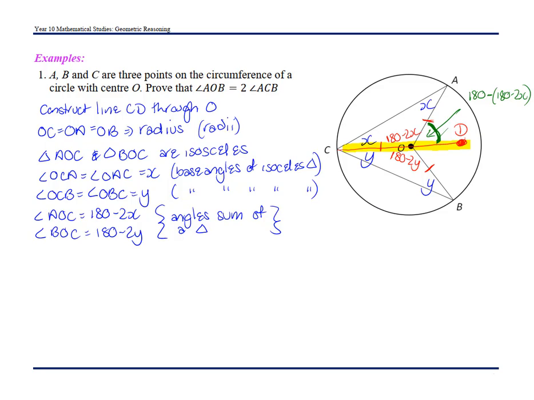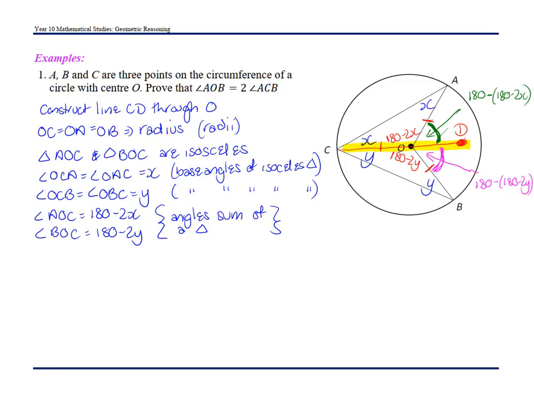Okay, similarly, the same for the other angle on the other side. So this angle here has to equal 180 minus 180 minus 2y. Again, because it's a straight line.